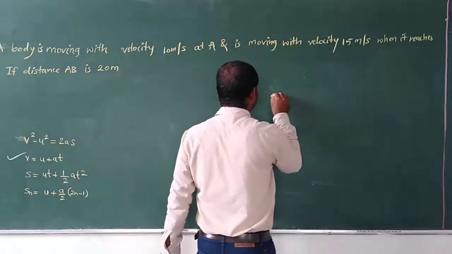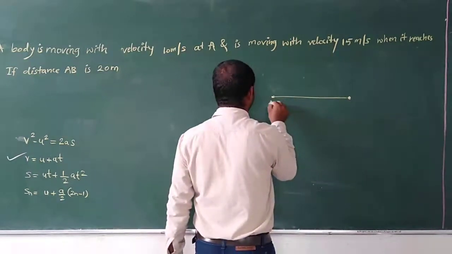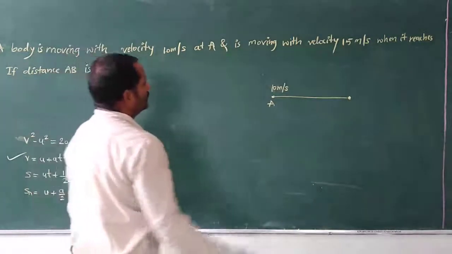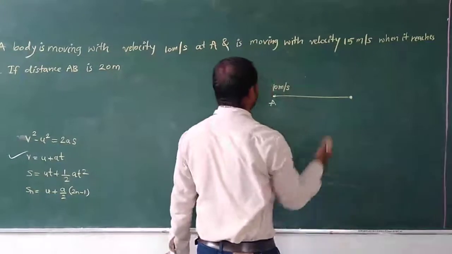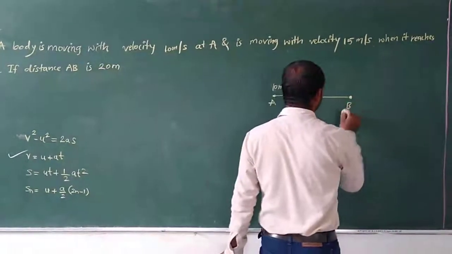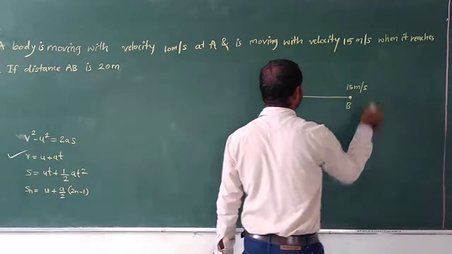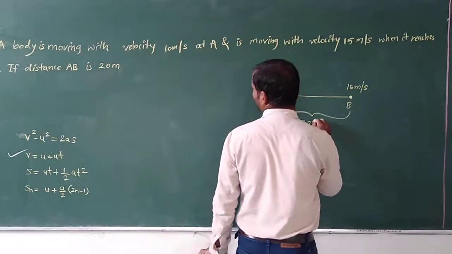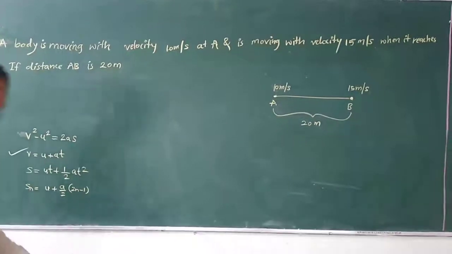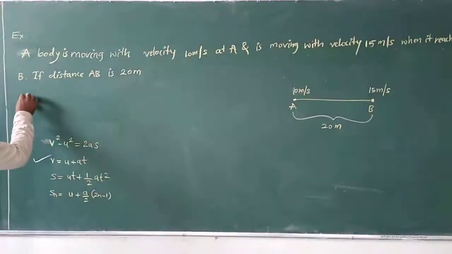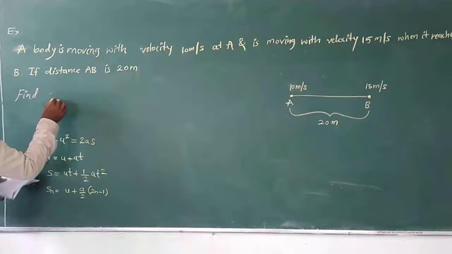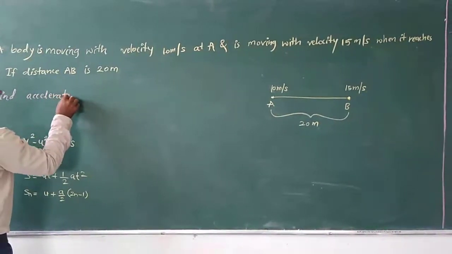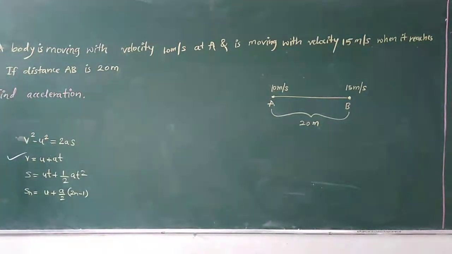Suppose this is point A, this is point B. So at point A the velocity of car is 10 meter per second and moving with velocity 15 meter per second when it reaches point B. The distance AB is also given, that is 20 meters. Then what we have to find? Acceleration of the body, or of the car.